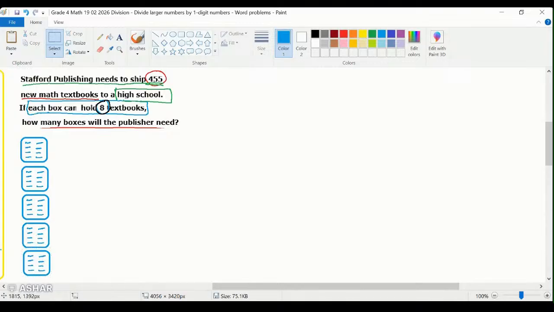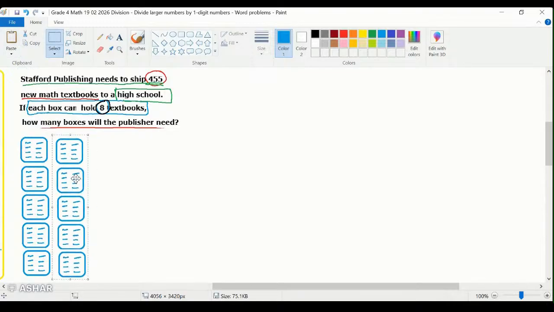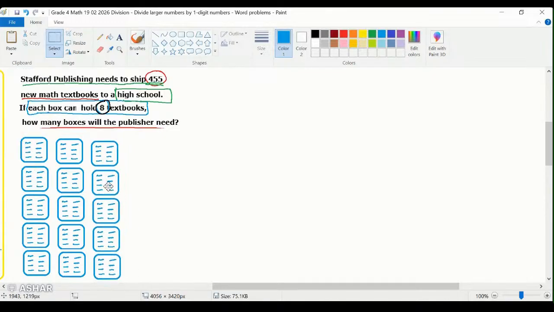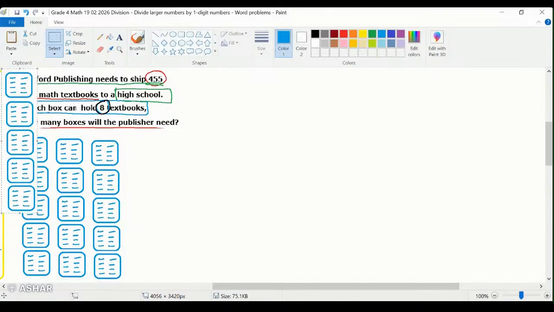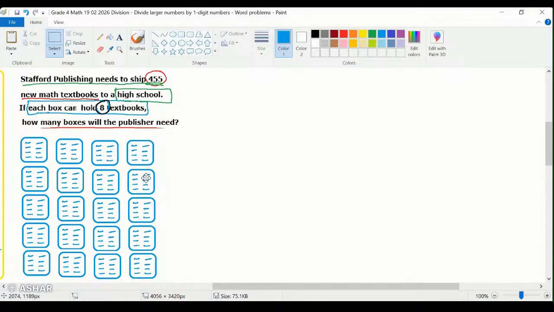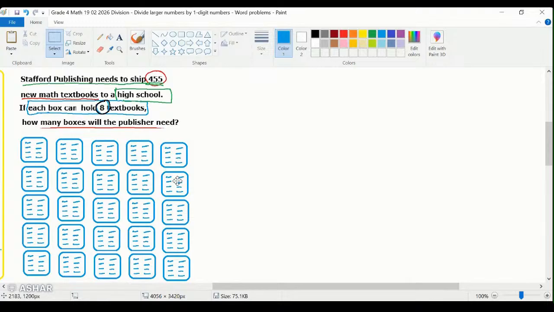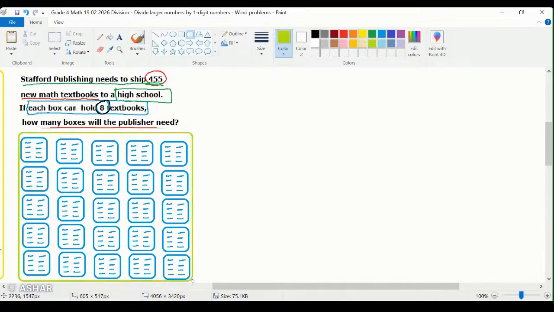This would have 40 books over here. 40 plus 40 is 80 books. 80 plus 40 is 120. Plus 40 is, I'm just explaining, 160 and 200, right? I'll just mark them over here that these are 200 books.